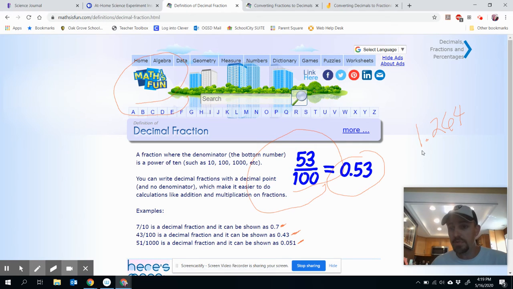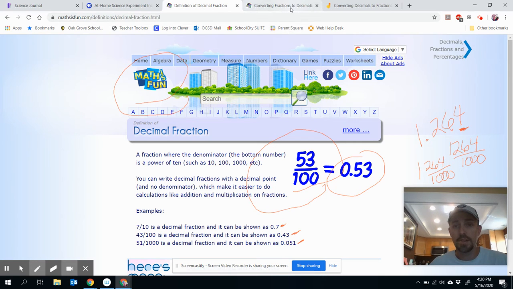So you can take this entire number, 1, 2, 6, and 4, and put all of that over 1,000. You can make that into a fraction, and you simply look at the lowest place value to change a decimal number into a fraction. You can also then convert that to 1 and 264 over 1,000. Okay, so that's how decimal fractions work.